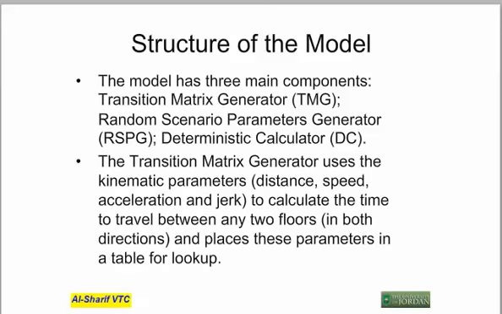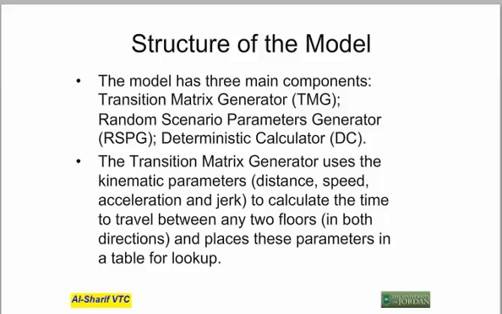The transition matrix, basically, is a matrix that tells me how long it is going to take me to travel from one floor to the next. It uses the basic parameters about the building in terms of distance between one floor and the next, the number of floors, obviously, what rated speed am I using for the elevator, what rated acceleration, and what rated jerk.